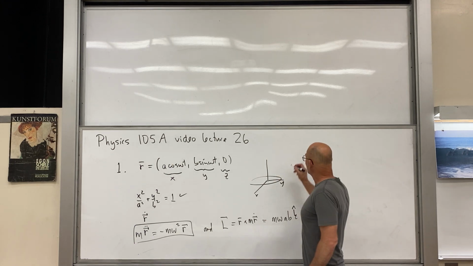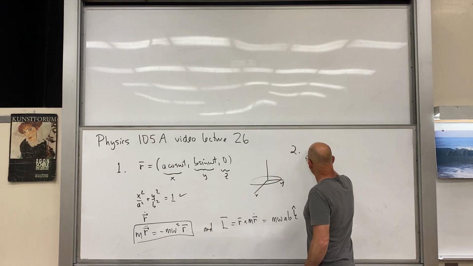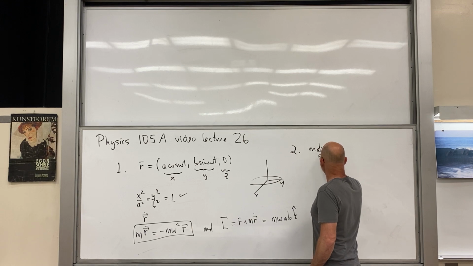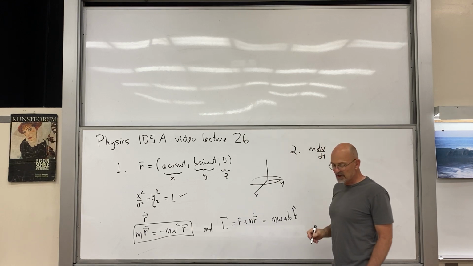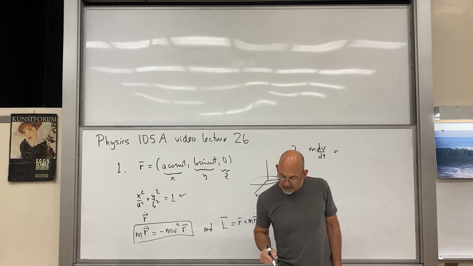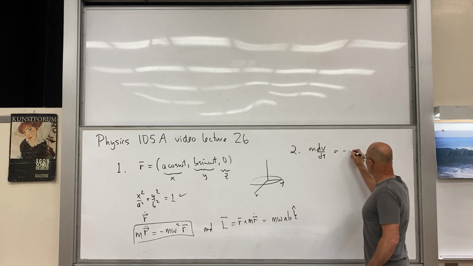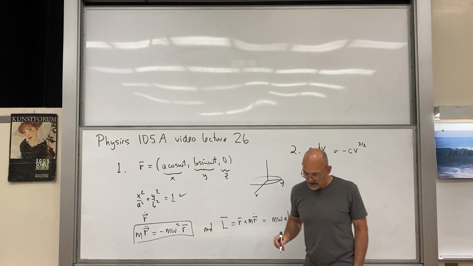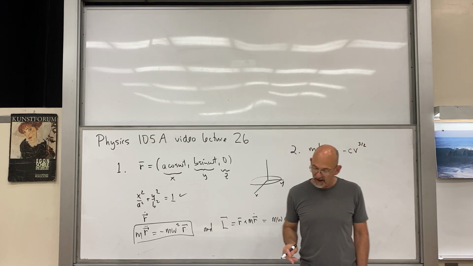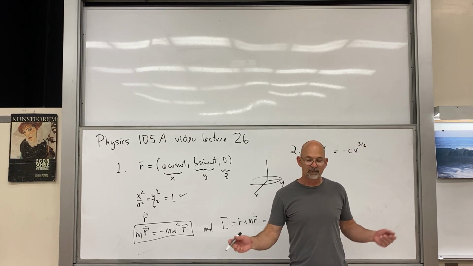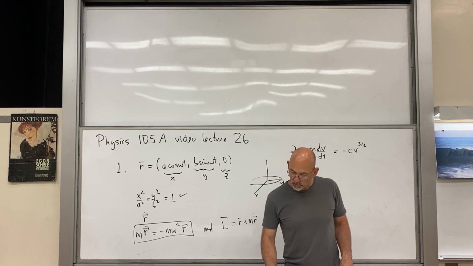The next one: we've got m dv/dt, in one dimension now, equal to minus a positive constant c times v to the 3/2 power. So that's a friction of some type. We just made it up. What do we get?